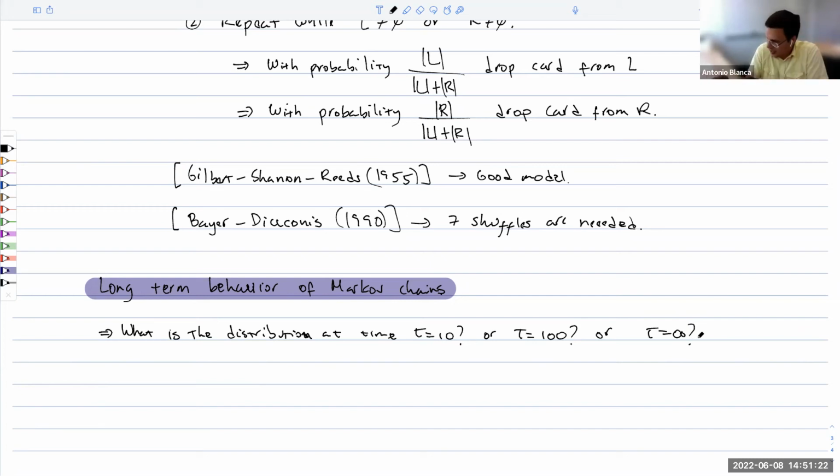So what do we mean by time? Time in terms of a Markov chain usually means the number of steps. Time 10 means that you have taken 10 random steps of the Markov chain. Time 100 means you have taken 100 steps. T infinity means, what happens when you take time t to infinity? What does that limiting distribution look like? Okay, so these are the types of questions that we want to understand.